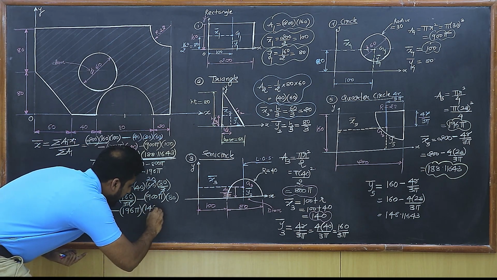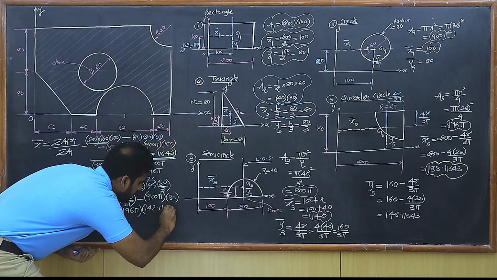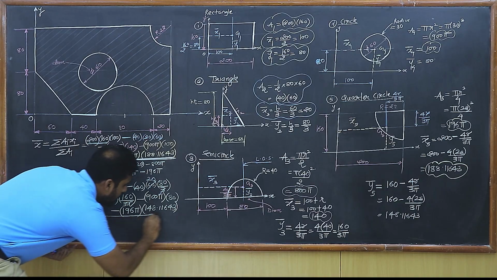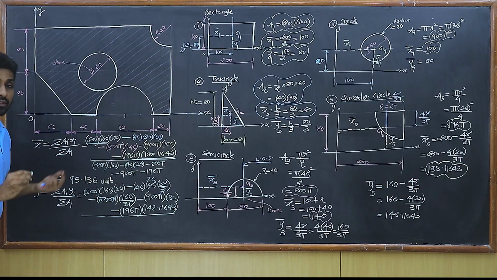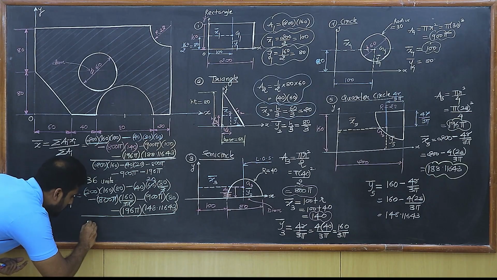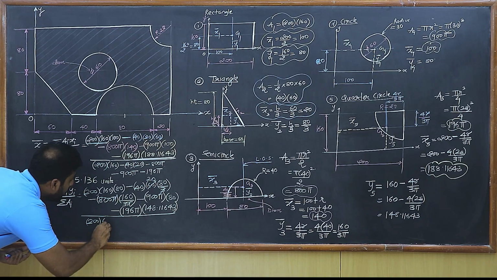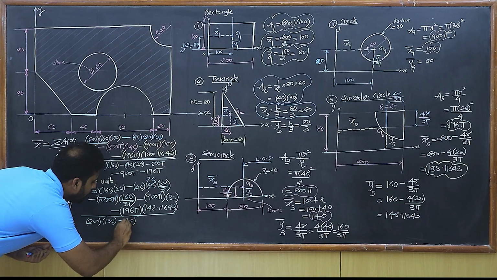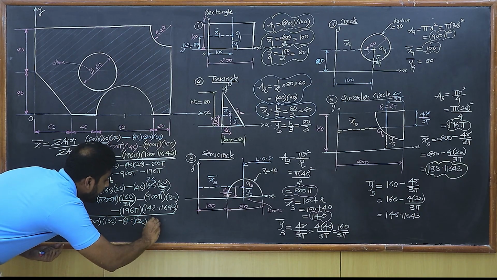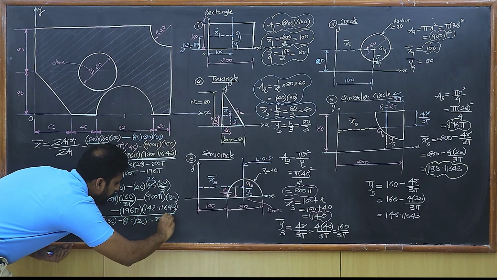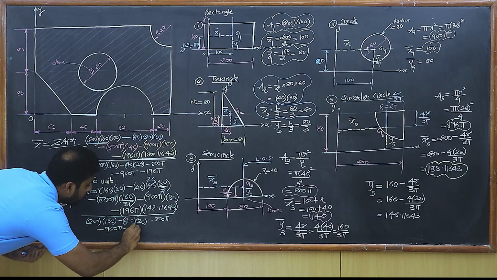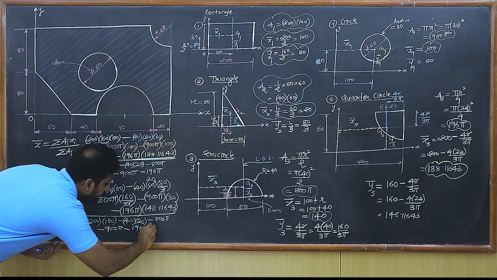So I write 148.11643. This entire value is again going to get divided by the same summation of areas. So which is 200 into 160 minus 40 into 20 minus 800 pi minus 900 pi minus of 196 pi.